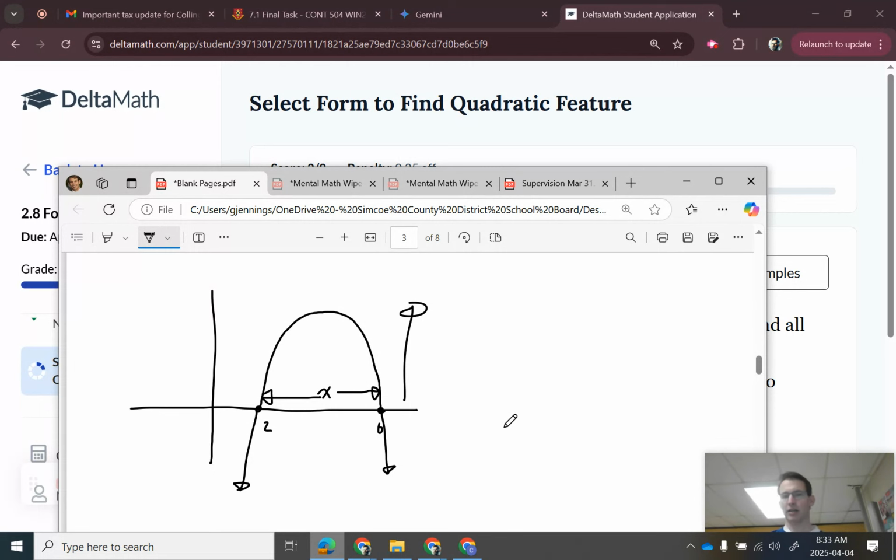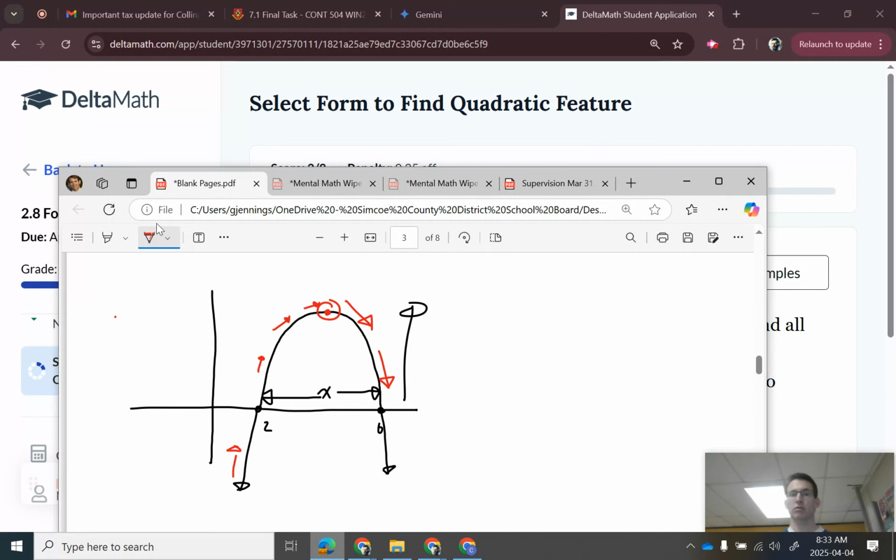Well, this quadratic here, just as a given example, is increasing, increasing, increasing, increasing, neither increasing nor decreasing. It switches to decreasing. They switch at the vertex. They always transition from increasing to decreasing at the vertex.